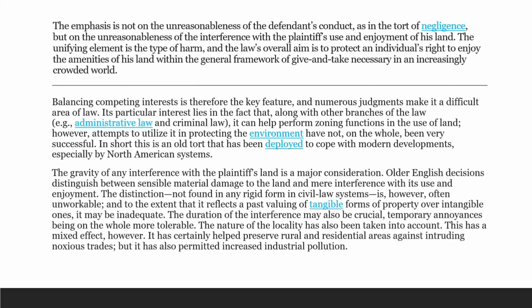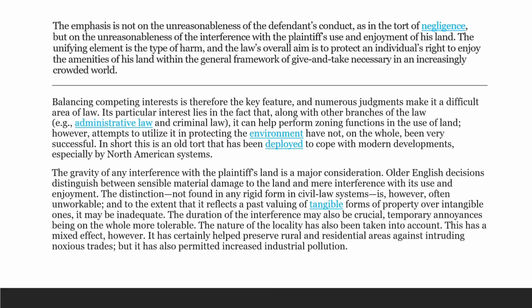The gravity of any interference with the plaintiff's land is a major consideration. Older English decisions distinguish between sensible material damage to the land and mere interference with its use and enjoyment. The distinction, not found in any great form in civil law systems, is, however, often unworkable, and to the extent that it reflects past valuing of tangible forms of property over intangible ones, it may be inadequate.